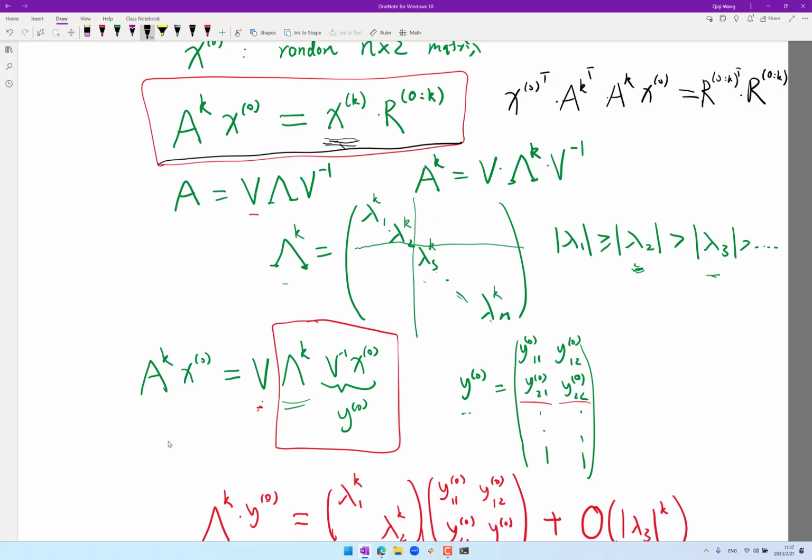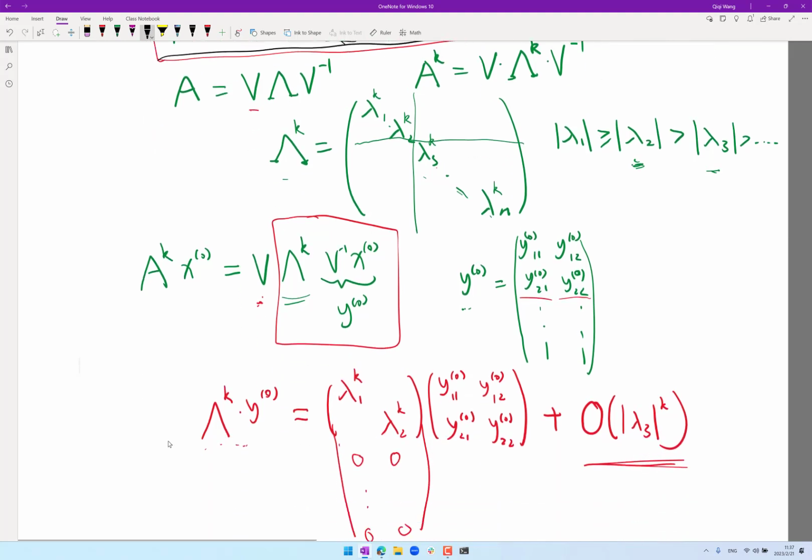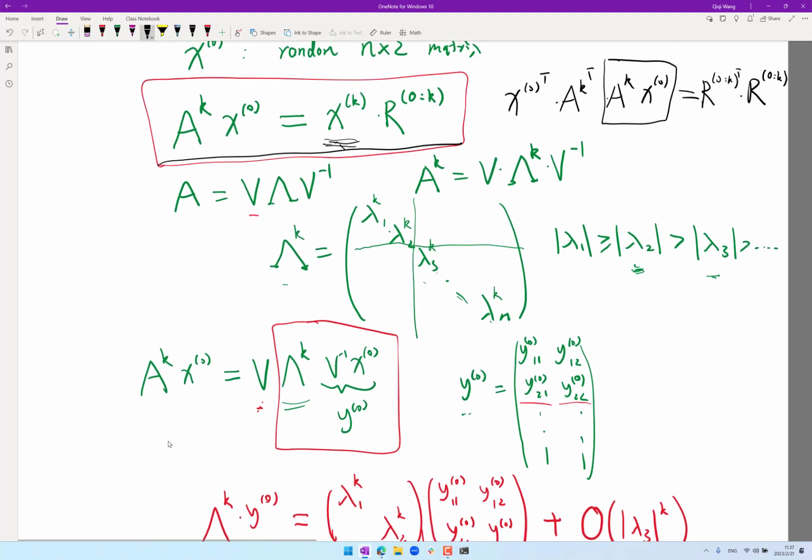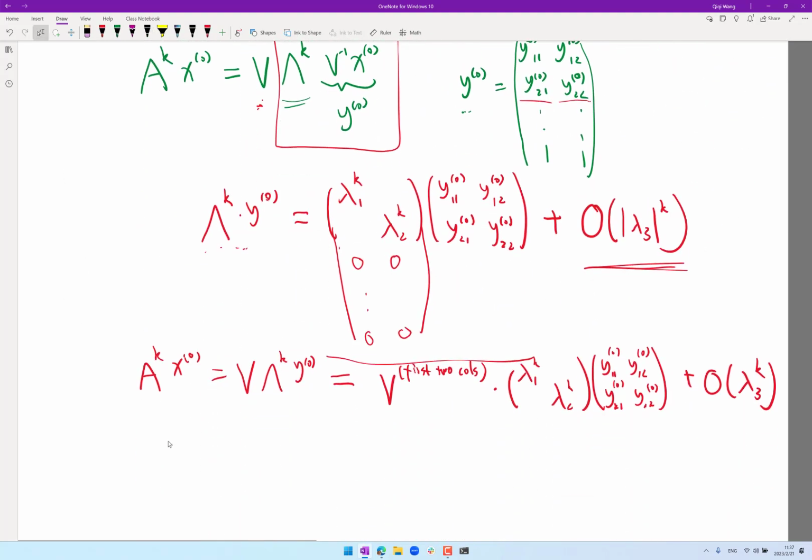Okay, and now let's use our derivation of this part, which is here, to rewrite this formula. With the rewrite of this formula, what we get is the left-hand side, X0 transpose A^k transpose times A^k times X0, is equal to, first of all, the transpose of this.